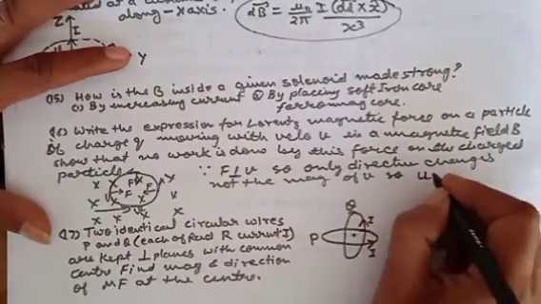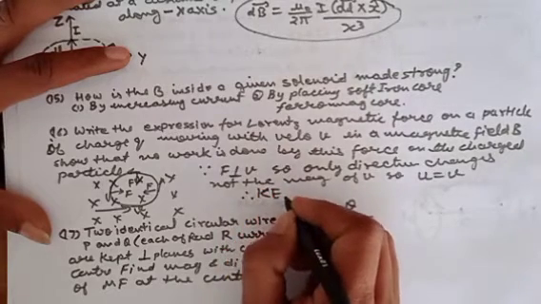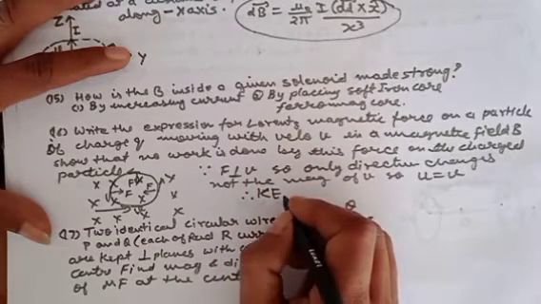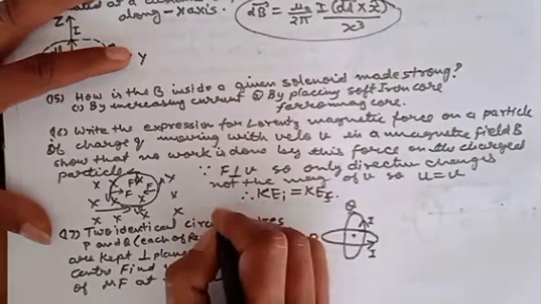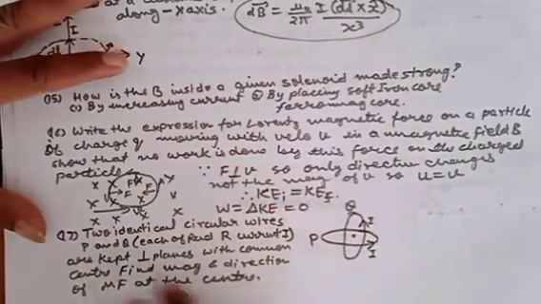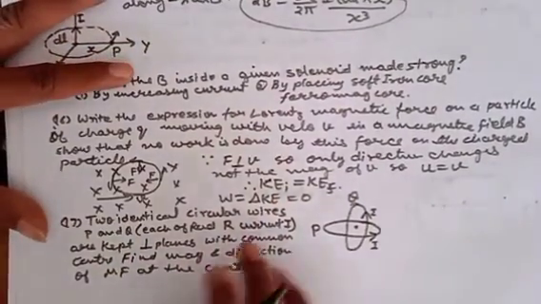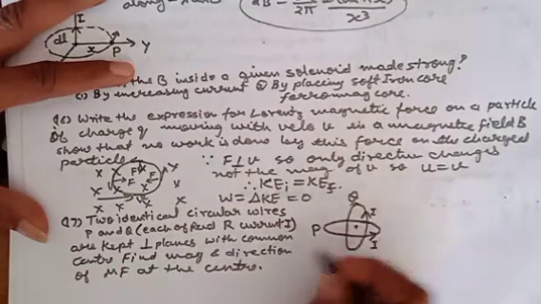So u is equal to v, and therefore kinetic energy initial is equal to kinetic energy final, and we know that work done is equal to delta KE, which is equal to 0.